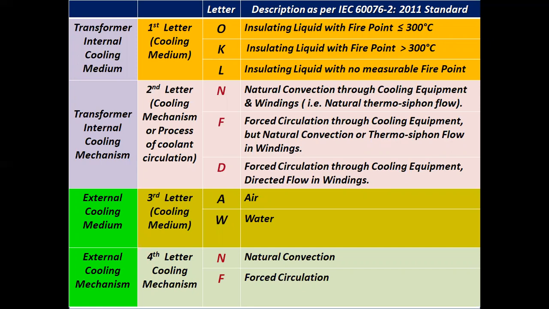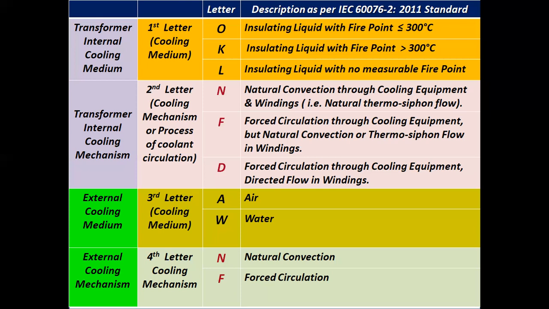First letter, cooling medium. When it is written as O, it means insulating liquid with fire point less than or equal to 300 degrees centigrade. When it is written as K, insulating liquid with fire point greater than 300 degrees centigrade.